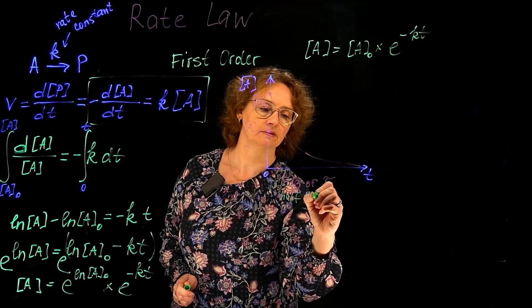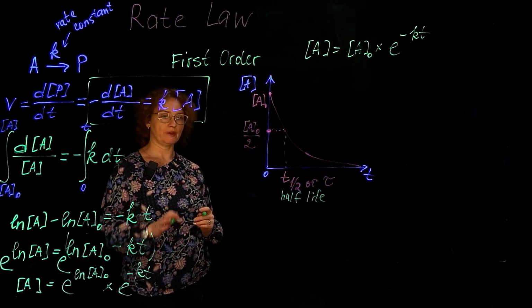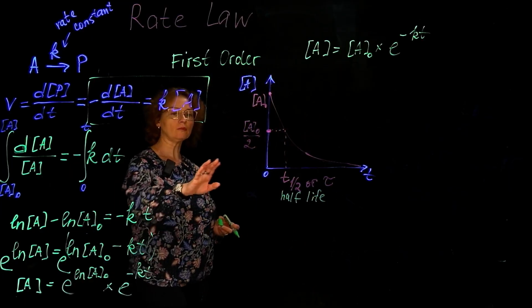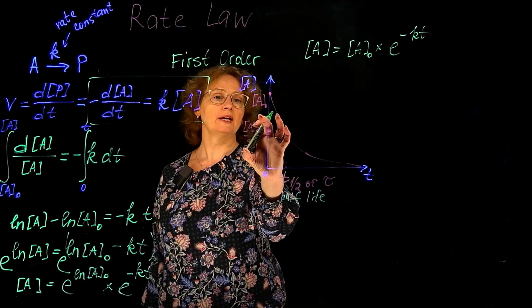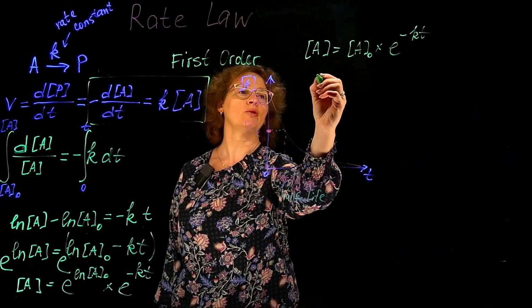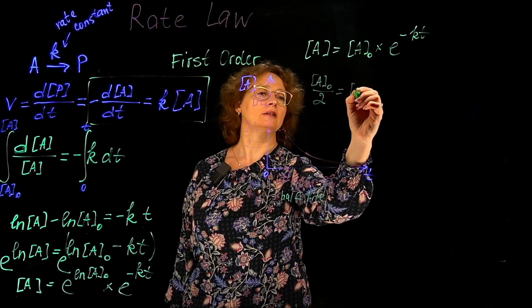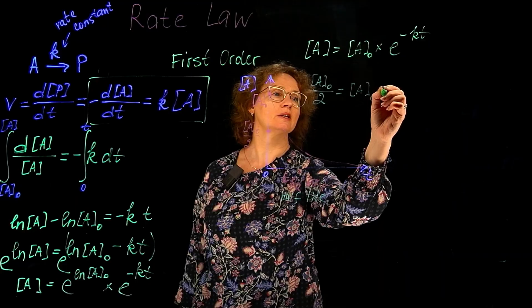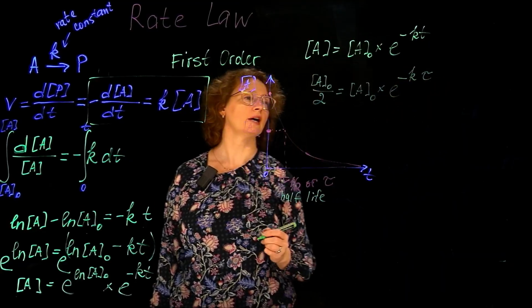So how do we determine that half-life? For that, we need to plug this concentration into our rate law. And in this case, t translates into tau, the half-life.